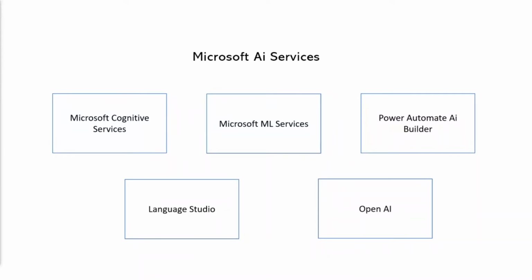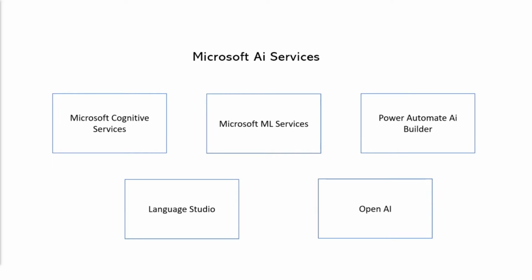Along with these capabilities, there are other features like Language Studio and OpenAI. Previously Microsoft had language understanding services as separate API services, but now they have consolidated everything under Language Understanding Studio, where you have features like sentiment analysis, entity extraction, translation, and various other features under one portal.